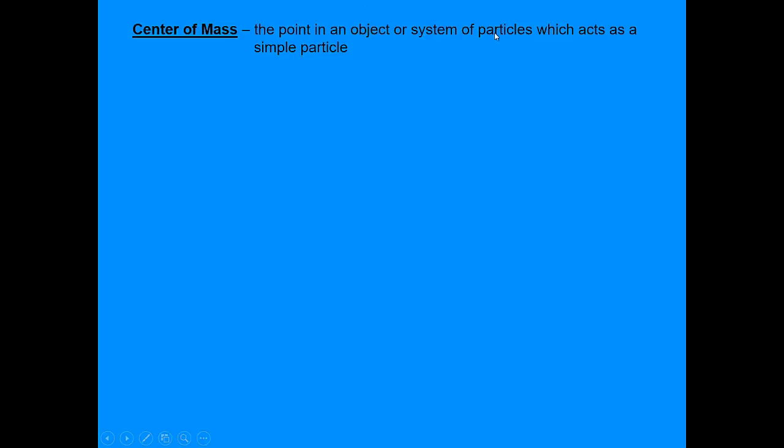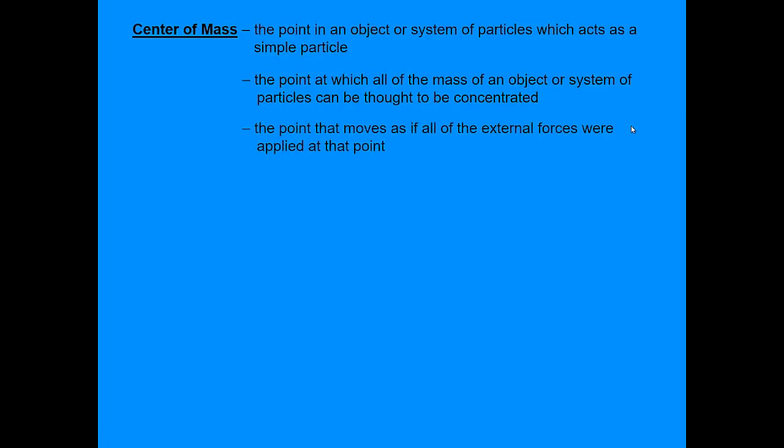It's technically the point on an object or system of particles which acts as a simple particle. It's where we can think of all the mass of the object or system to be concentrated. It's the point that moves as if all of the external forces were applied to that point. If the force of gravity was applied to that previous meter stick, and that's it, that point acts just like a projectile. And it's the balancing point.